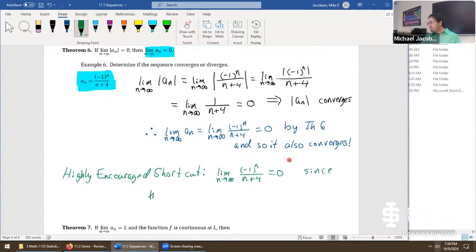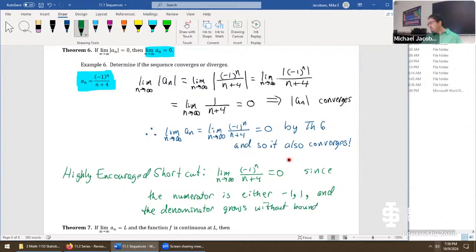This is 0 since the numerator is, let's say in a better way, either, because if I say between, it sounds like it could take intermediate values, but it's either -1 or +1, and the denominator grows without bound.